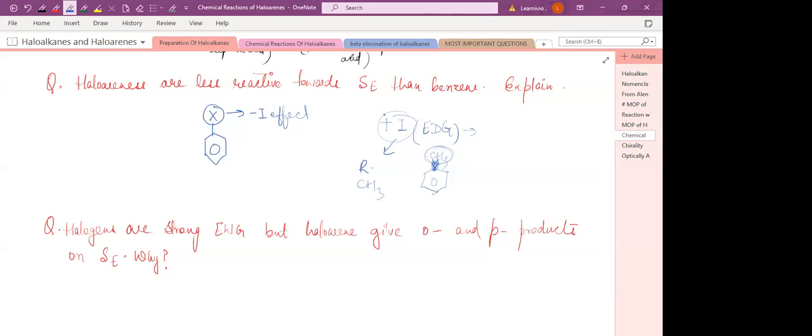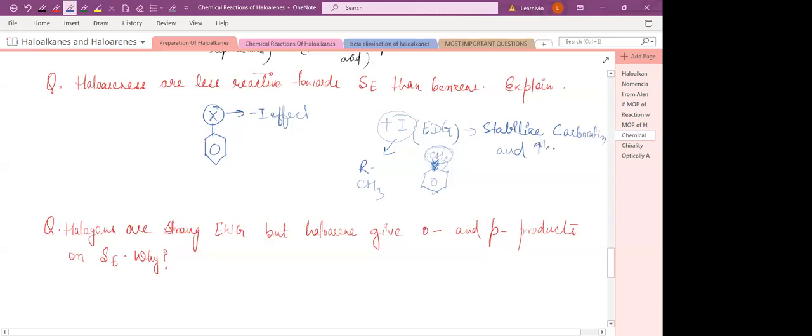This plus I effect can increase the basicity, and it stabilizes the carbocation. It stabilizes the carbocation and increases the basicity.